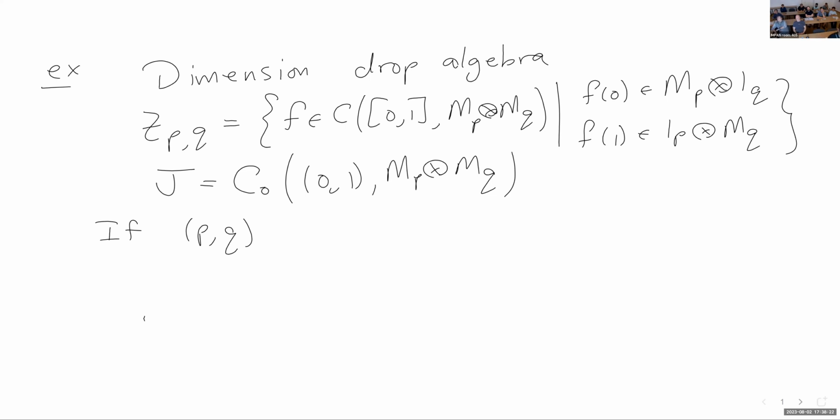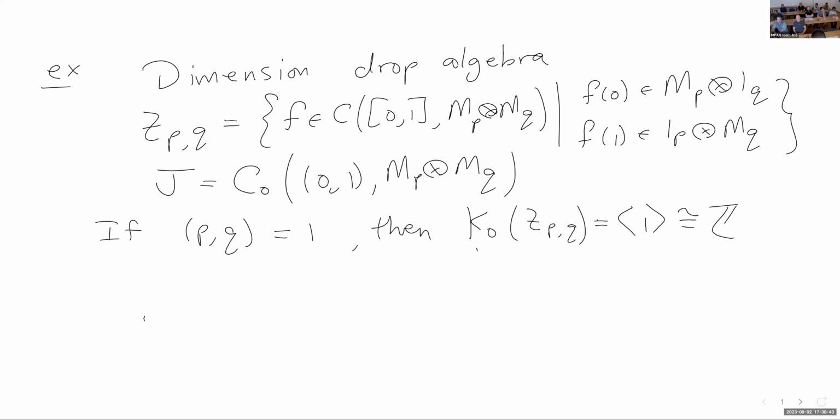So if the highest common factor of P and Q is 1, then the K_0 group of this algebra is generated by the class of the unit, and it's the integers.